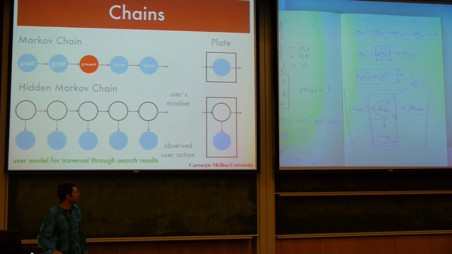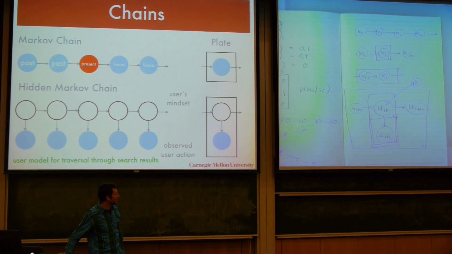So now I have an observed random variable, the blue one, conditioned on a hidden one. The observed one doesn't depend on anything but the hidden one, but it's the hidden one that strings everything together. This is more or less how speech recognition is done. The models are a little bit more complicated, but that's more or less what happens.